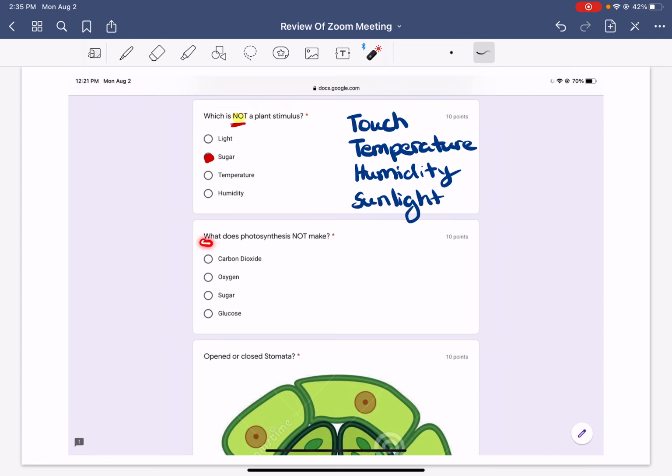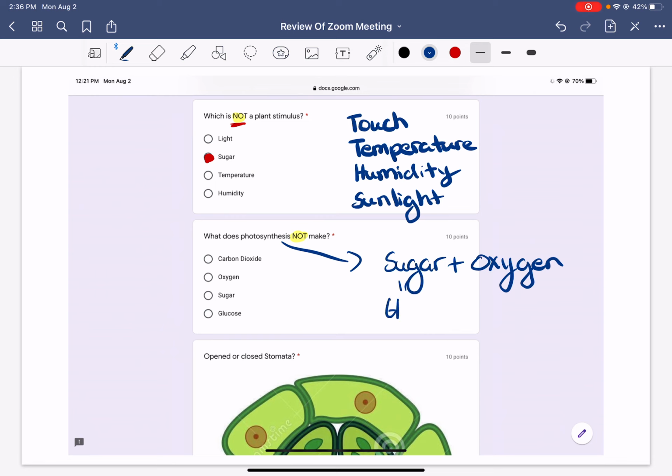All right, what does photosynthesis not make? Again, we're going to highlight the word not. It only makes 2 things, sugar and oxygen.